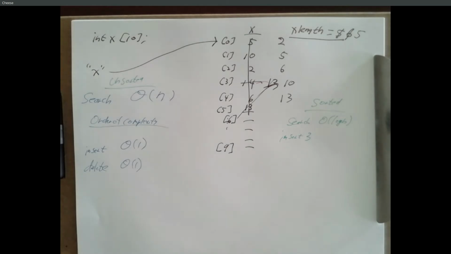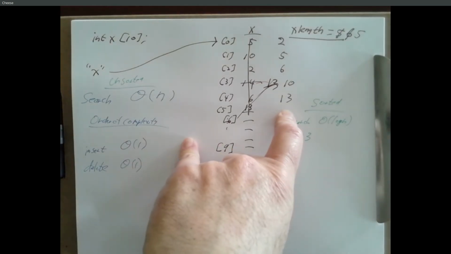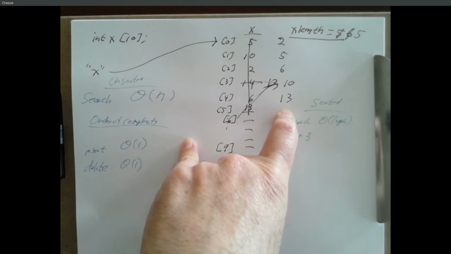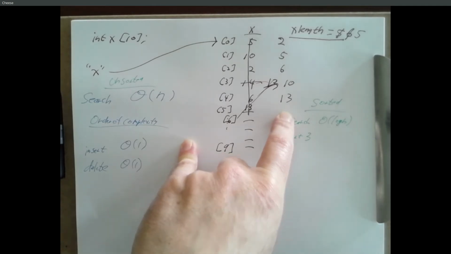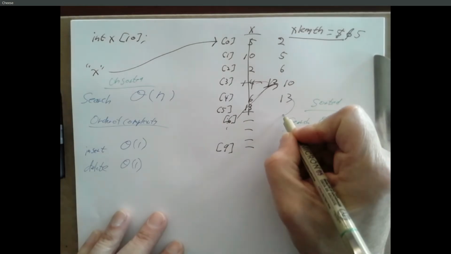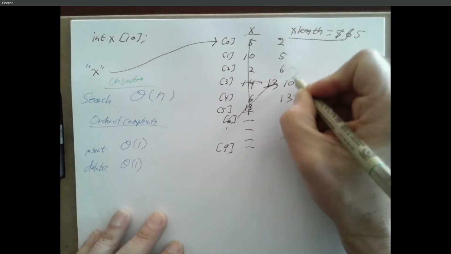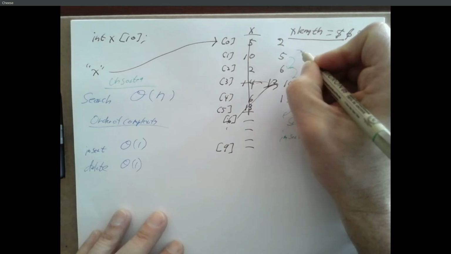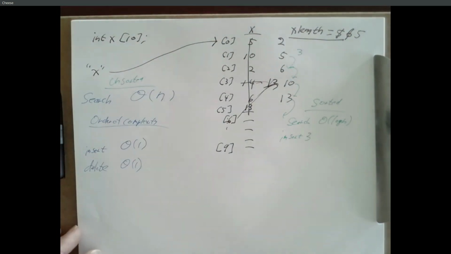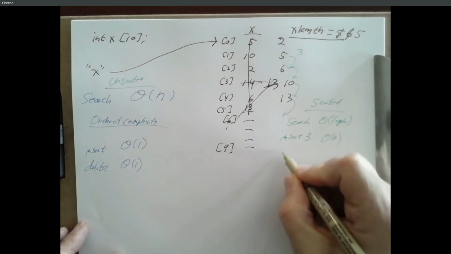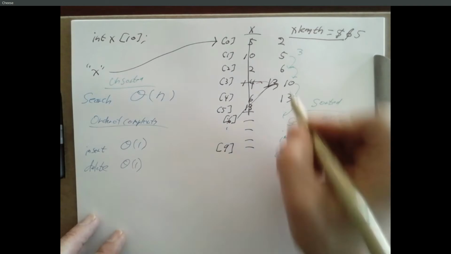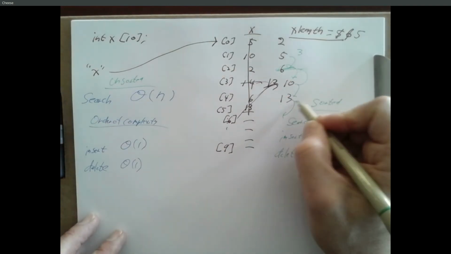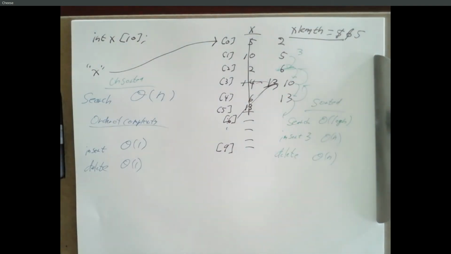So if we want to insert a 3, we can put it at the end and then sort. And if we do a bubble sort, that's order n squared, which is not good. Or we could move everything down to make space and then put our new number in that open spot. And so this becomes order n, and delete will also become order n, because when we delete something, we have to basically move things up to fill in that thing that we deleted.